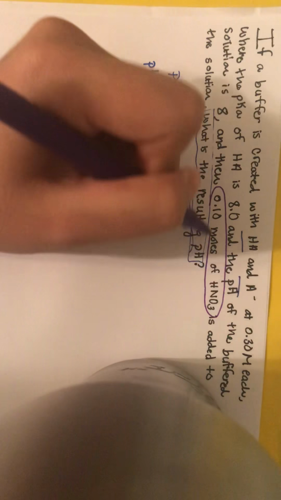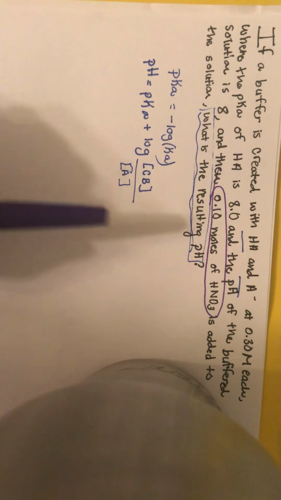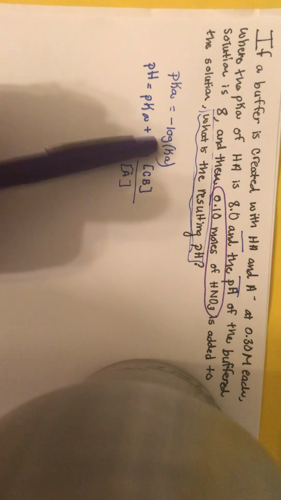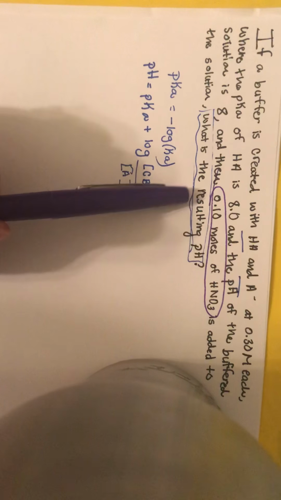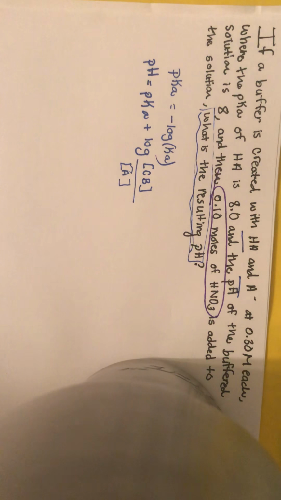So you need to know which, either the denominator or the numerator, to add this 0.1 moles of HNO3 to. So our formula is going to continue as follows.